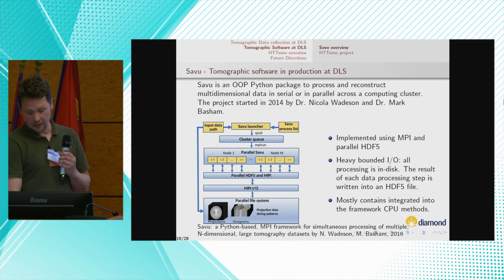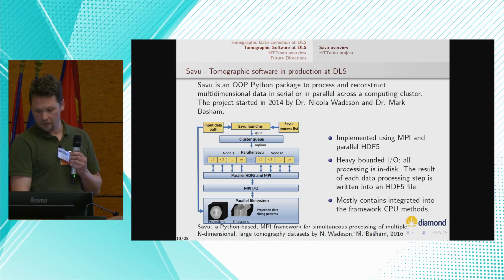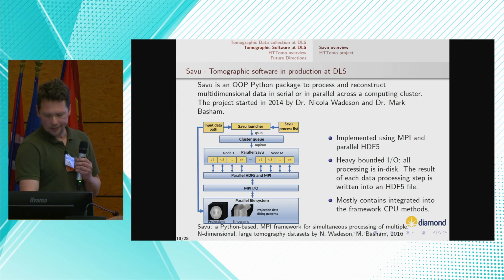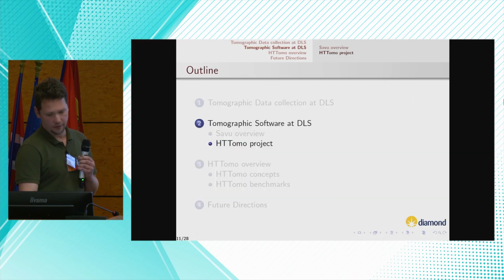Effectively you're writing and reading from HDF5 files, so it's heavily I/O bound. Most of the methods in Savu are integrated and linked with the framework, so you need to know a little bit about the framework in order to write a plugin for it.